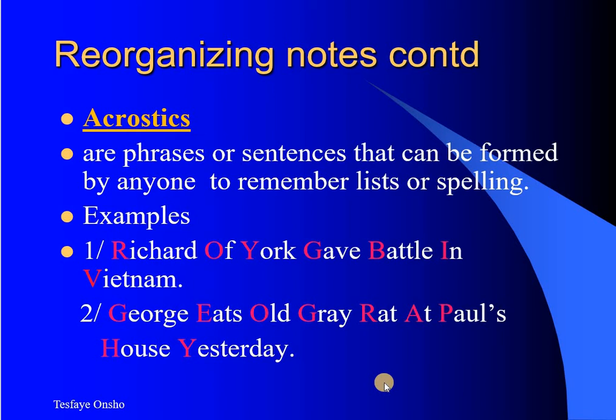Or if somebody has trouble remembering how to spell geography, this is how we can do it. If you can remember this statement: George eats old grey rat at Paul's house yesterday.